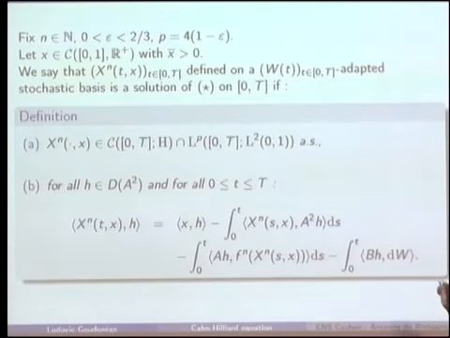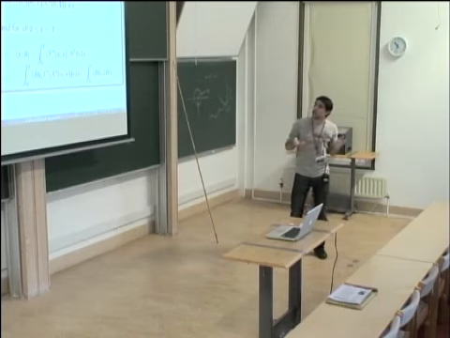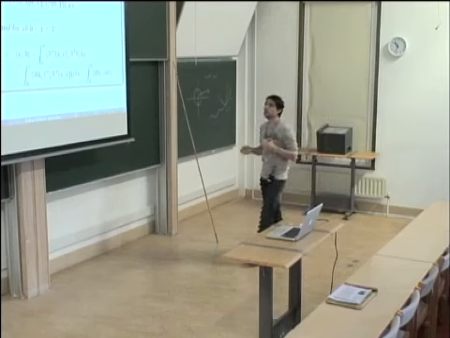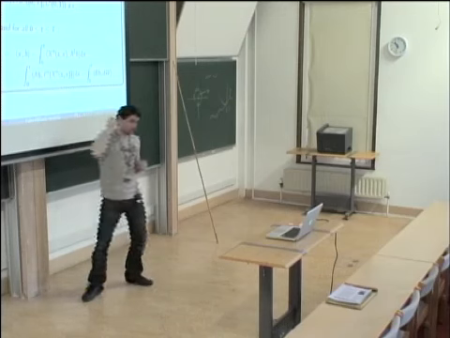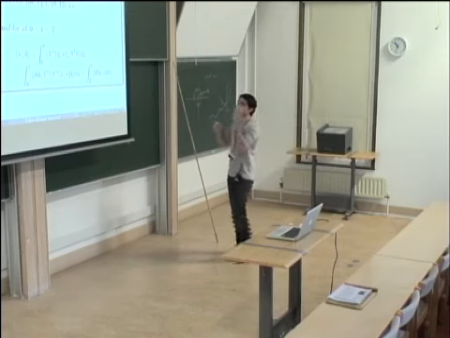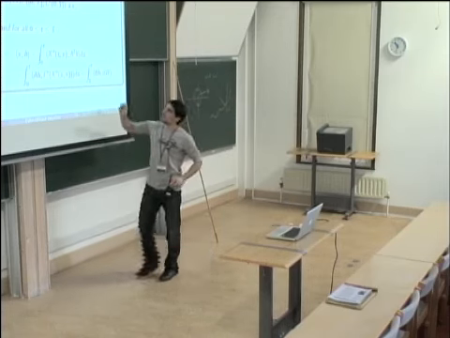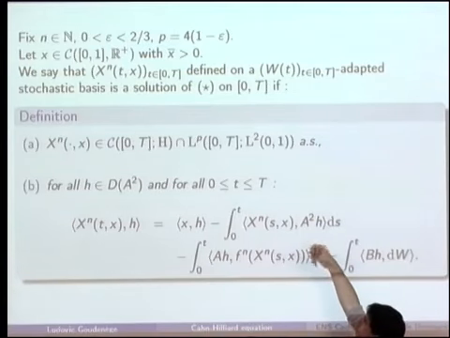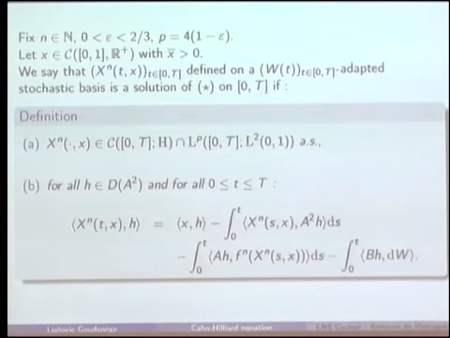And we can rewrite the equation in this form. So you have the solution xn, and you have the test function h, which is in the domain of the operator A, and you write the whole equation in this form. So you see that all the derivatives can operate on the test function h.